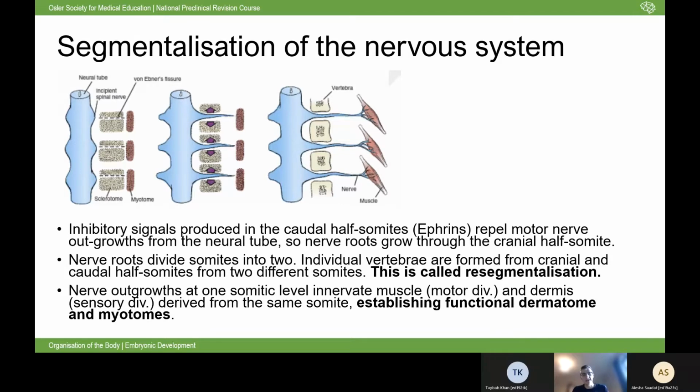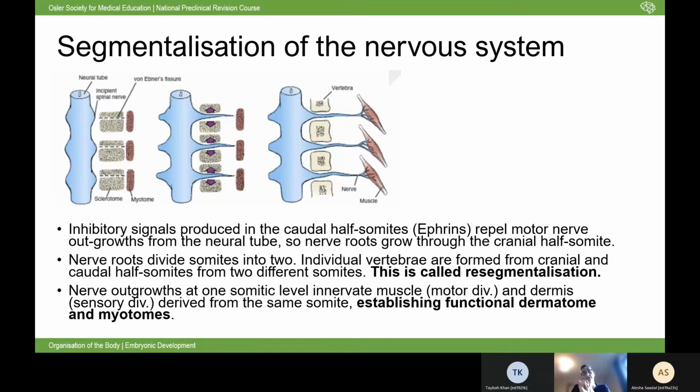That's how we get distinct vertebrae, the bones of the spinal column, with nerve fibers growing through them and out at each vertebral level. What's interesting to think about is that your somites do this cool thing where they enforce a segmental pattern onto the peripheral nervous system. They also give rise to muscle and dermis.